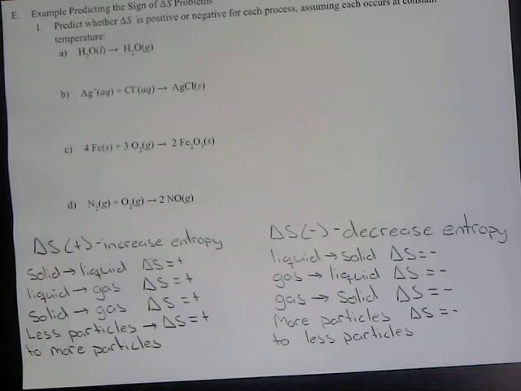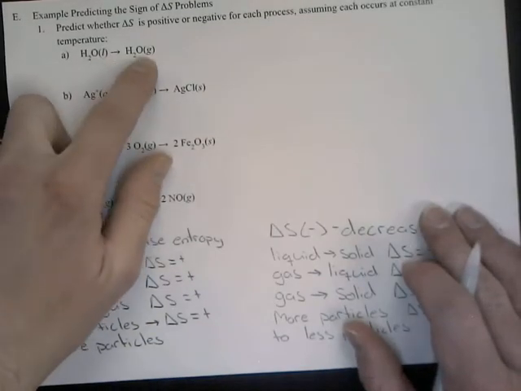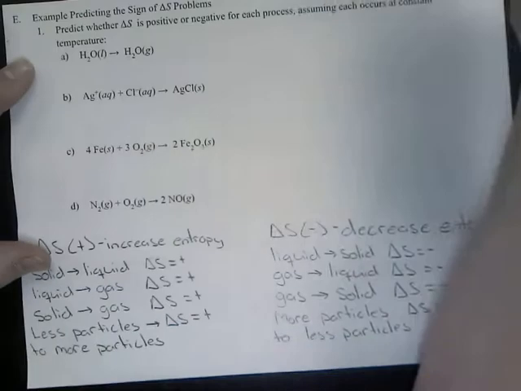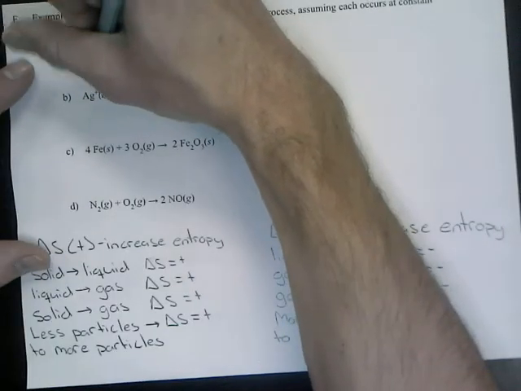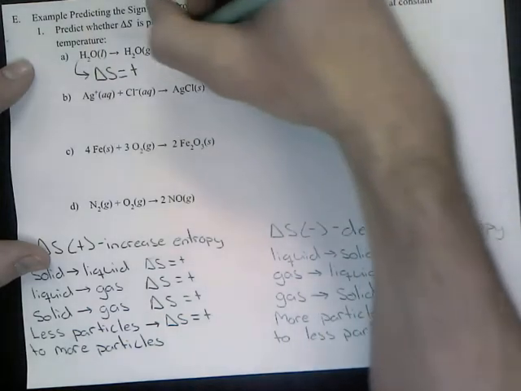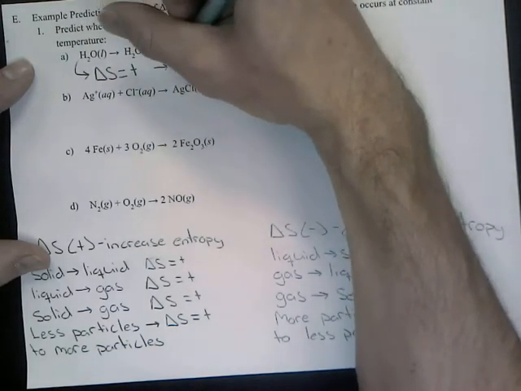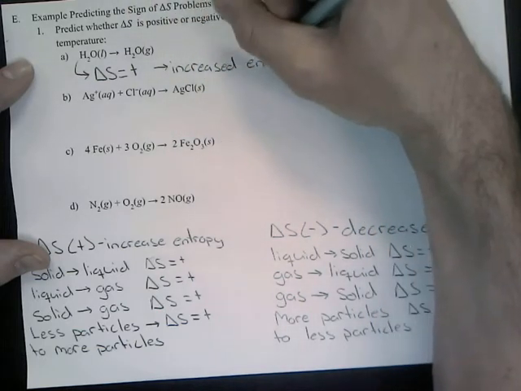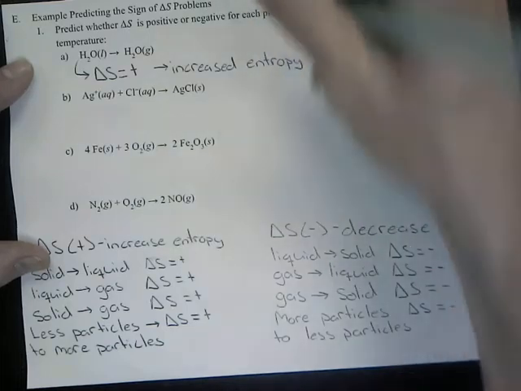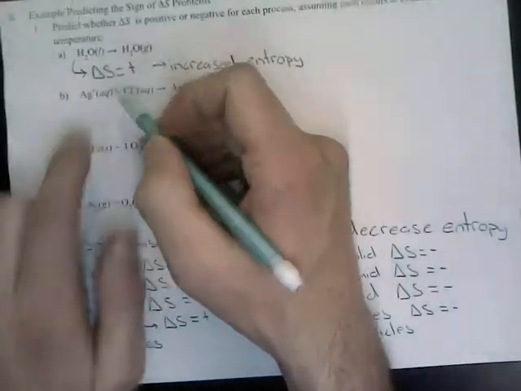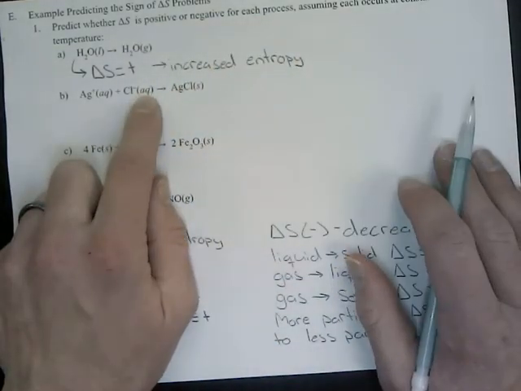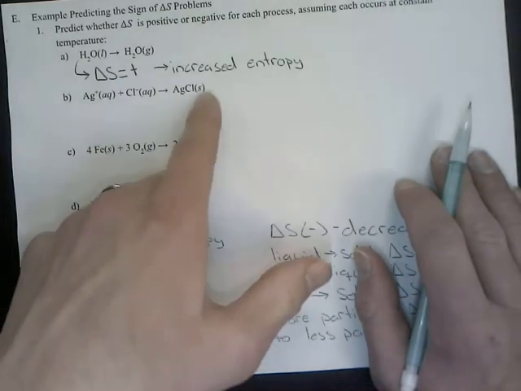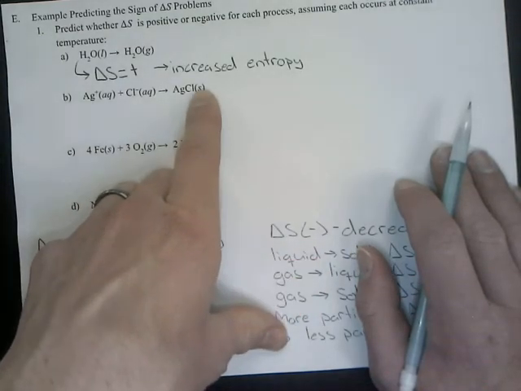All right, so our first example, we go from a liquid to a gas. Check this out, cheat sheet: liquid to a gas, delta S is positive. So delta S is positive, and that means we increased entropy. Now, we go from aqueous, which you can think of as a liquid, not 100% correct, and then it goes to solid silver chloride.